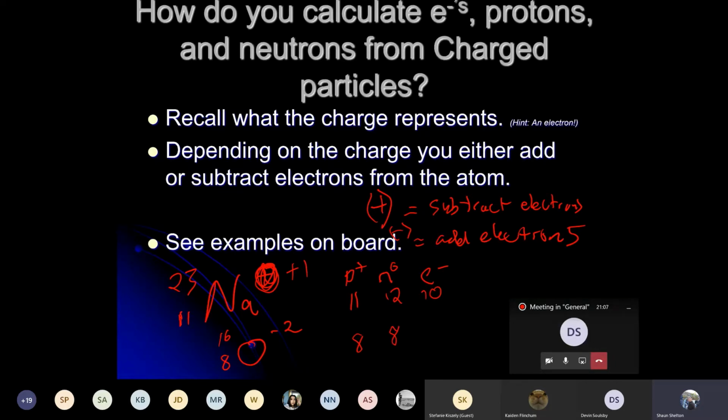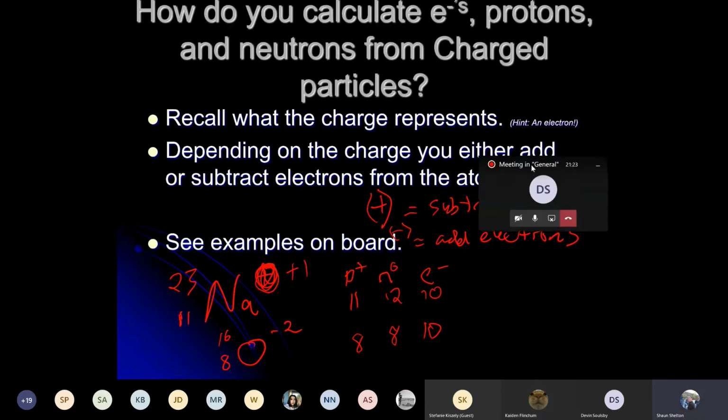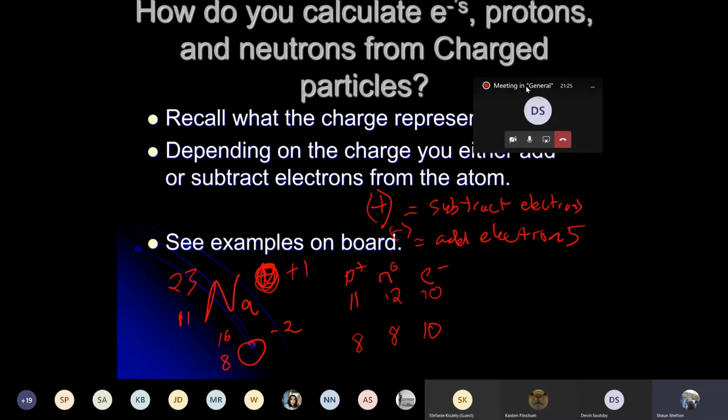And then the electrons, this time the charge is -2, so you're going to add 2. So you'll have 10 electrons. Does everyone understand that? Yes.